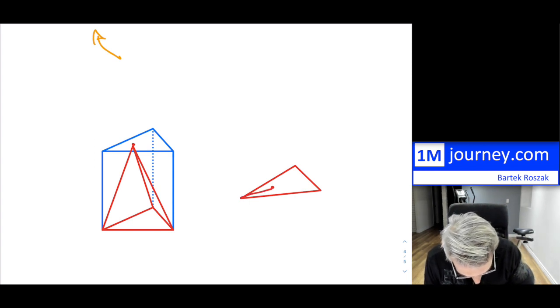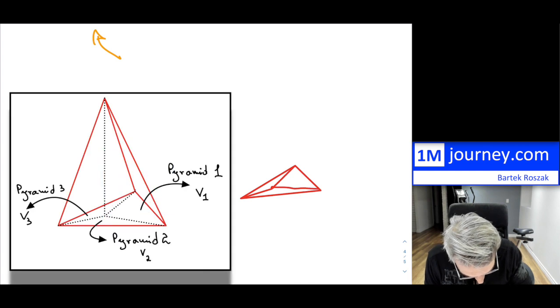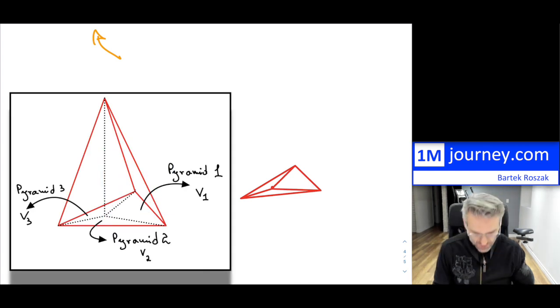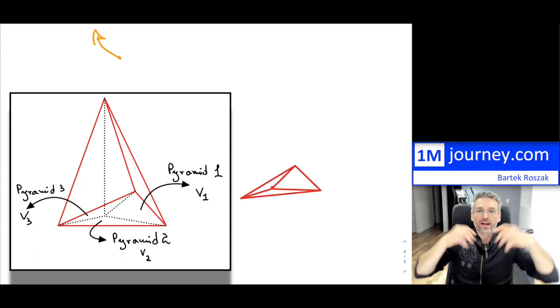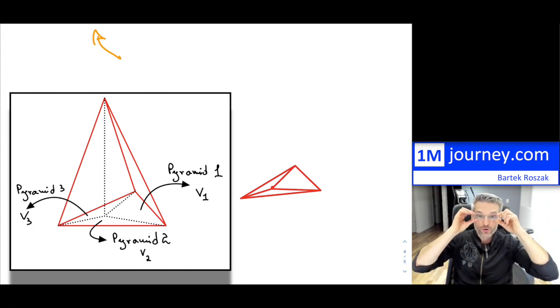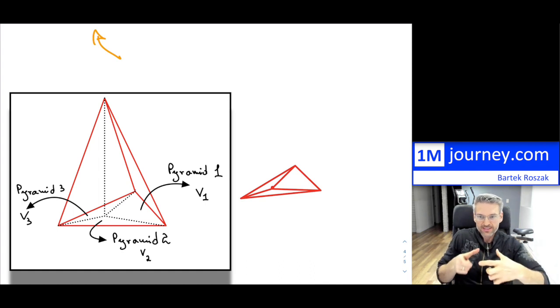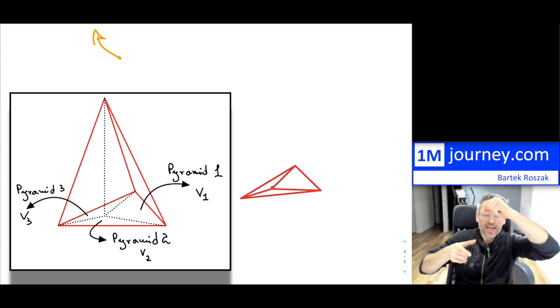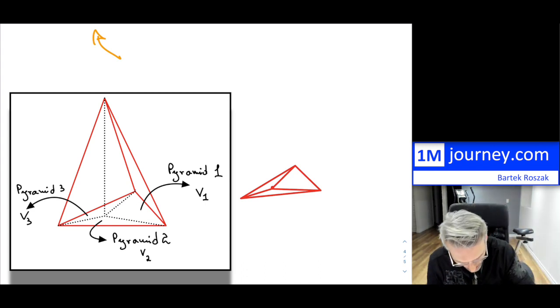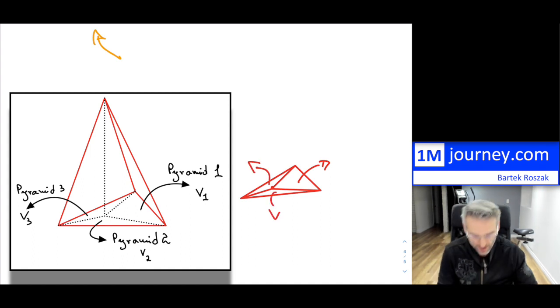You can now construct, from this apex, basically, these triangles. What I'm actually doing is creating, out of this pyramid where the apex can be anywhere, 3 separate pyramids. 1, 2, and 3.